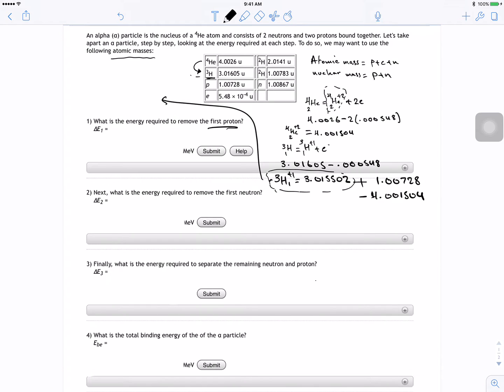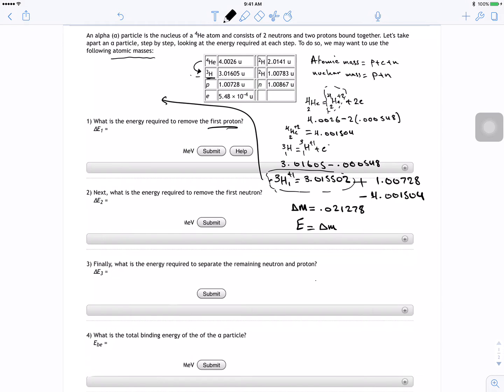My phone keeps turning off. I have all the solution on it so I don't get lost. From here we find that delta M equals 0.021278. Then the energy E equals delta M, and they want it in MeV.